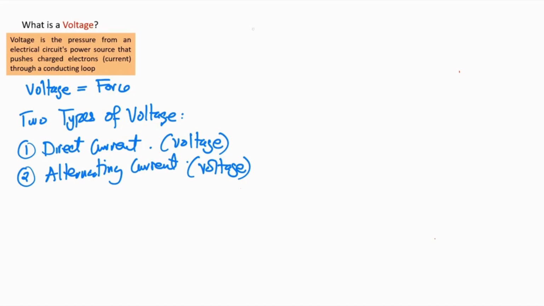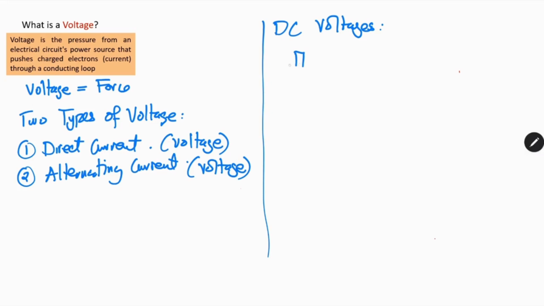So let us start with the DC voltage. The DC voltages can be found from a battery. So a battery is a voltage source that produces direct current.